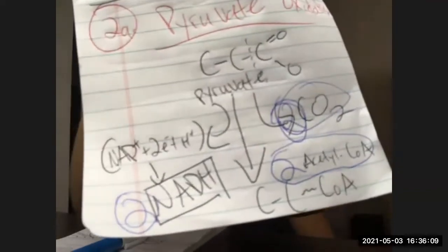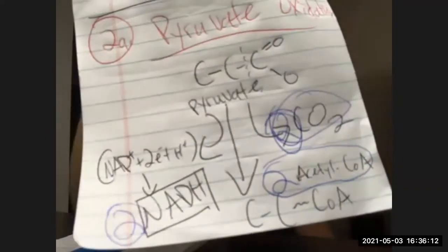Not two. 0. Yeah. I didn't write ATP on here, did I? No, I've only made CO2 and NADHs. No ATPs here. So if I asked you how many ATPs are made in pyruvate oxidation, you'd say 0, right? Because none are made. I'm a tricky boy.